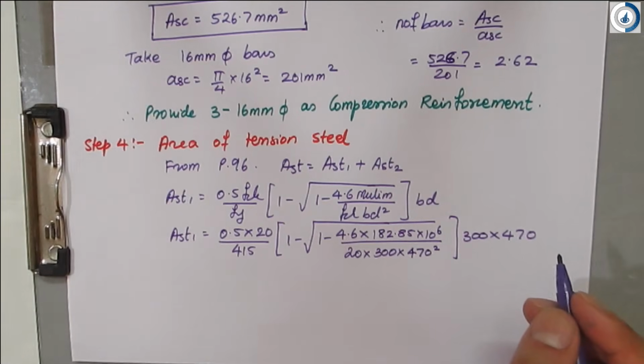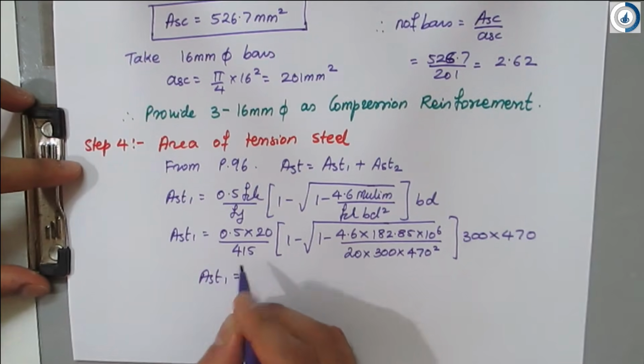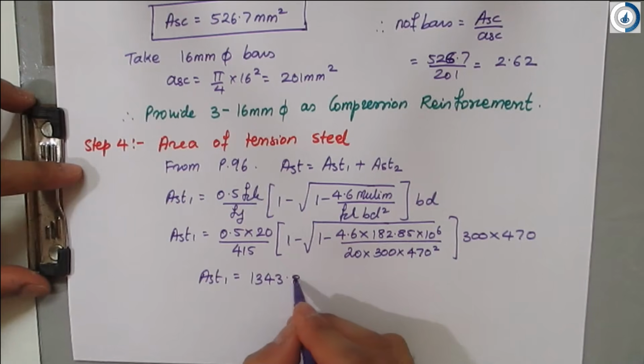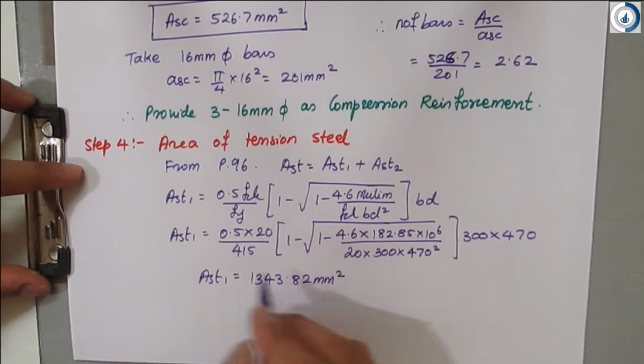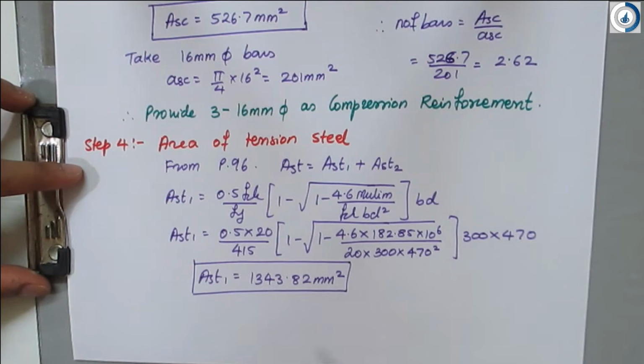When you input this into the calculator, you will be getting AST1 as 1343.82 mm square. So this is the area of steel for the singly reinforced beam.